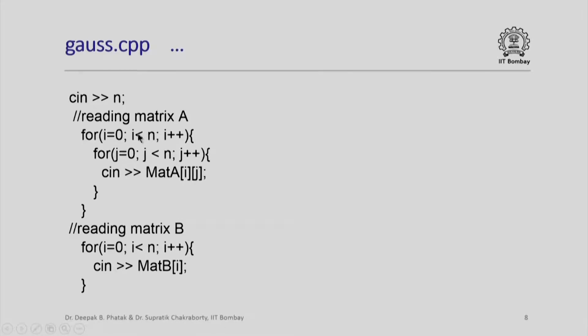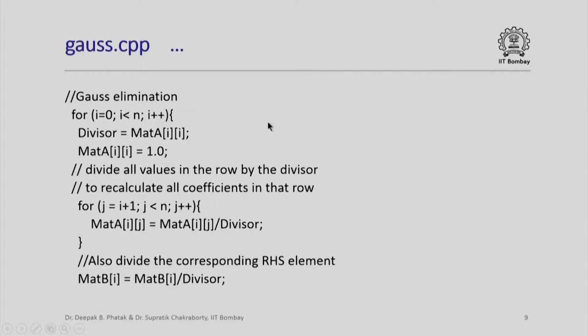So for every value of i, j will be varied from 0 to n minus 1. Notice that the input will have to be given in the row order, that is 0th row, all values will be input first, then i will become 1, then for row number 1, all values of other columns will be given, etc. We now come to the Gauss elimination proper.